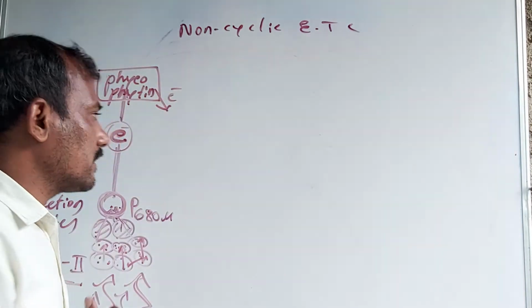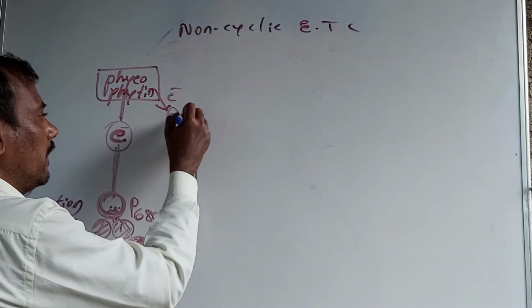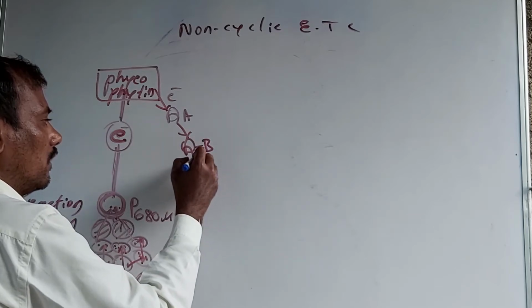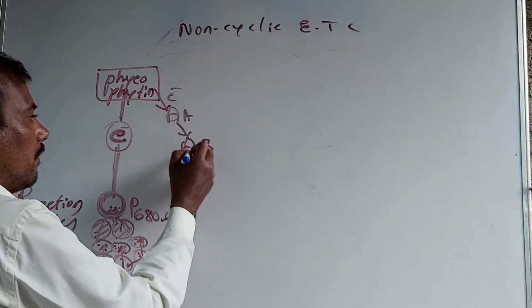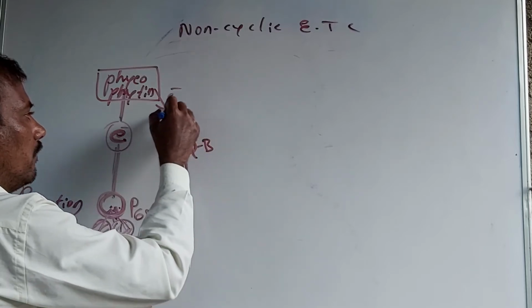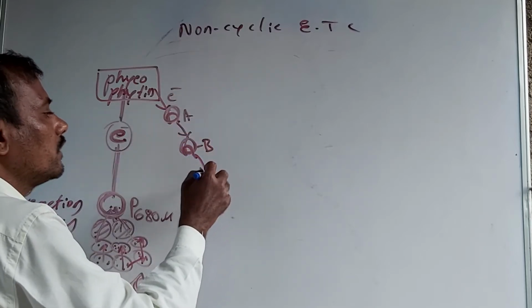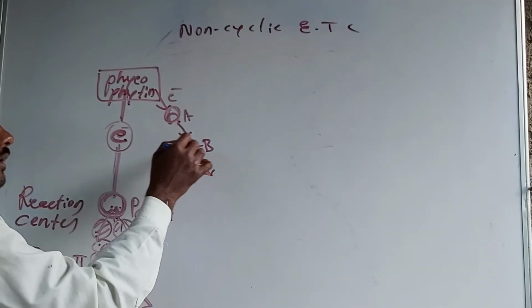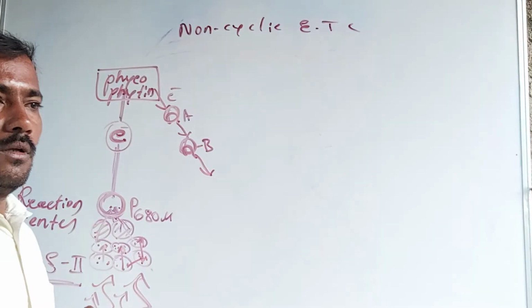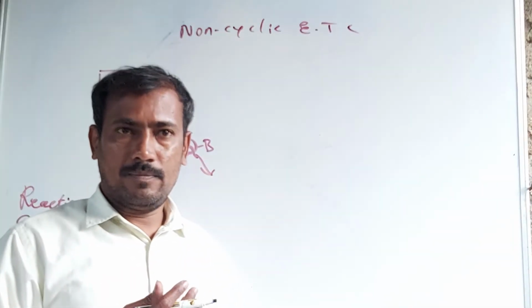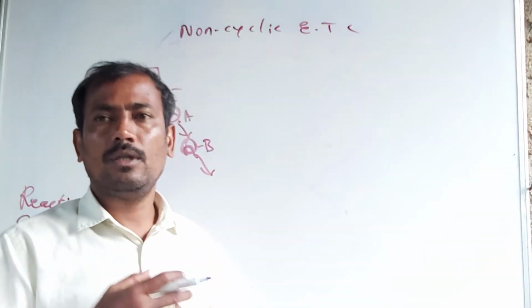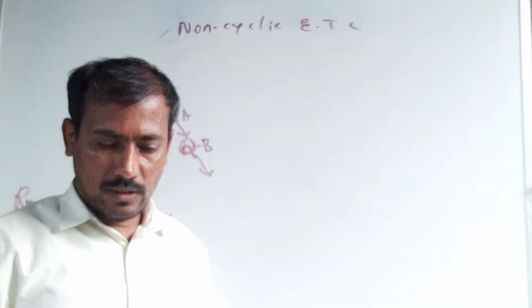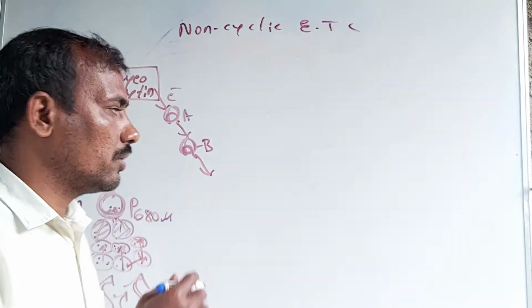Like this, quinone A, quinone B, and it goes to quinone B, the electron carrier molecule. It transfers the electron to another electron carrier molecule, that is the plastoquinone.